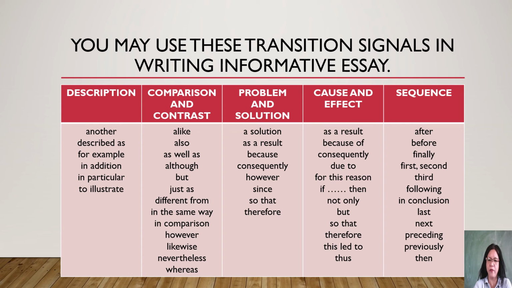After, before, finally, first, second, third, following, in conclusion, previously, preceding are the transitional words used for sequencing. So these are the different transitional words you may use to make the writing clearer.